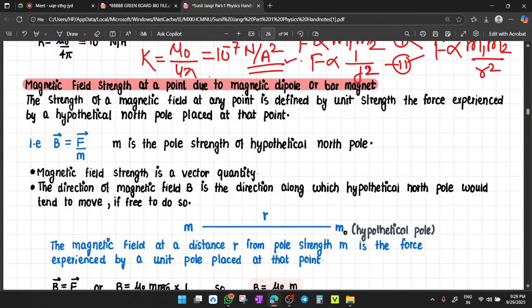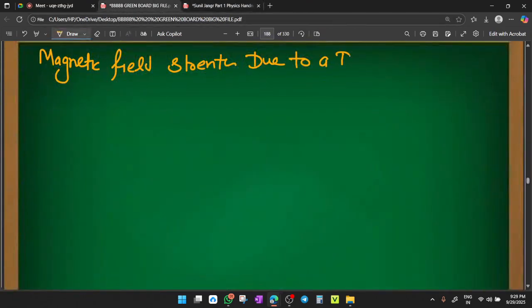So the topic is magnetic field strength due to a bar magnet or magnetic dipole.